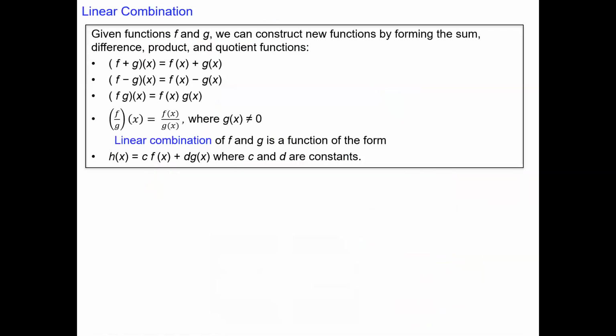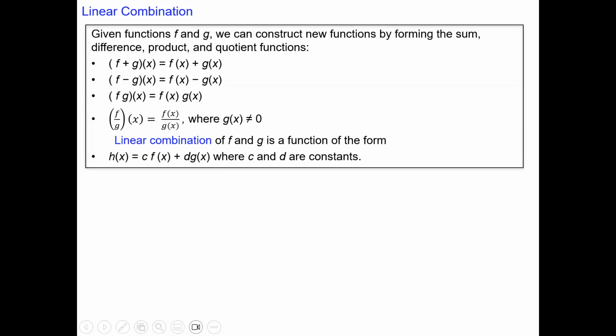Okay, what next? Some linear combinations, which I think I mentioned a couple of times. We may add, subtract, multiply, and divide functions, always remembering that the denominator cannot be 0. A linear combination of these functions we will call an algebraic function.